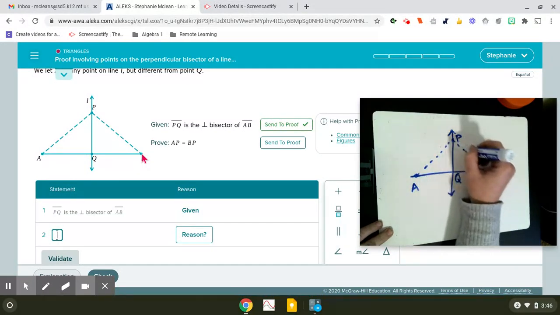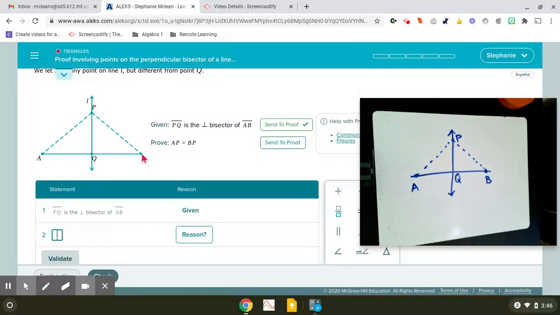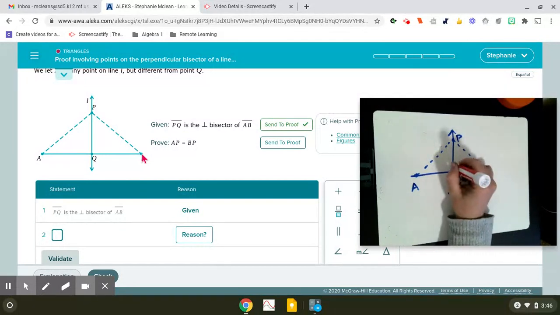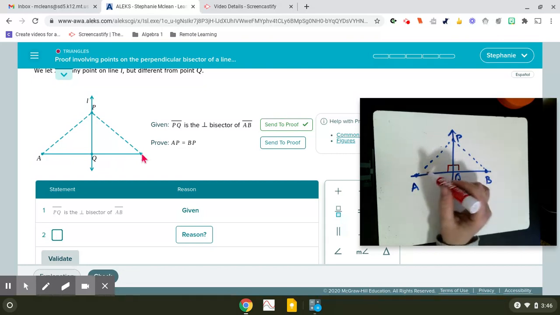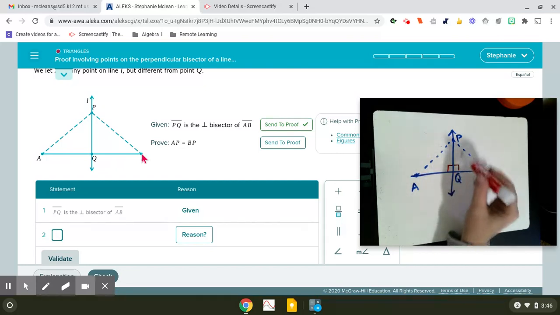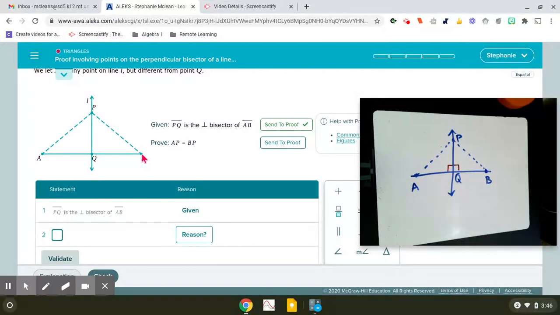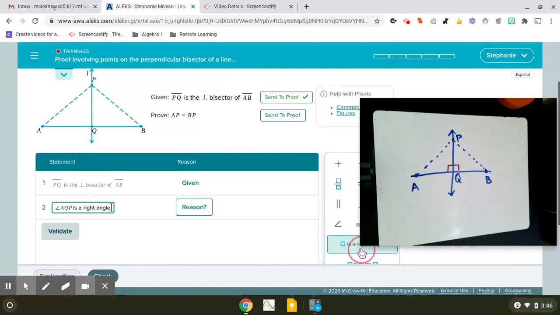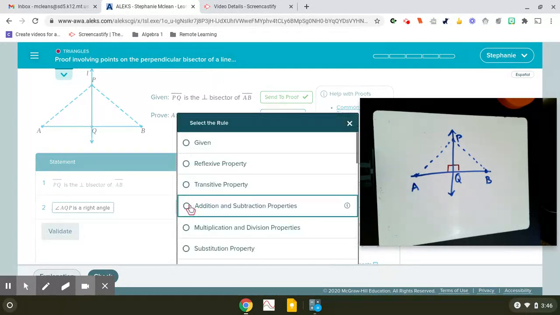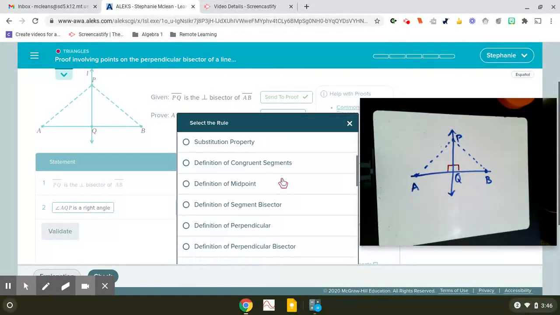Okay, so when it says perpendicular bisector, it means that it forms a right angle where the two lines intersect. So angle AQP is a right angle. Okay, and that's from the definition of a perpendicular bisector.